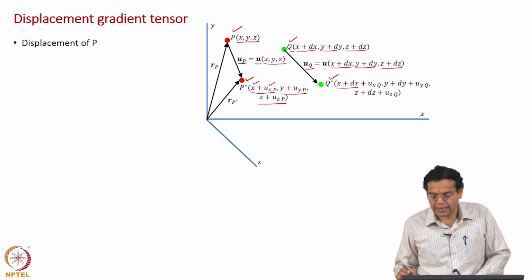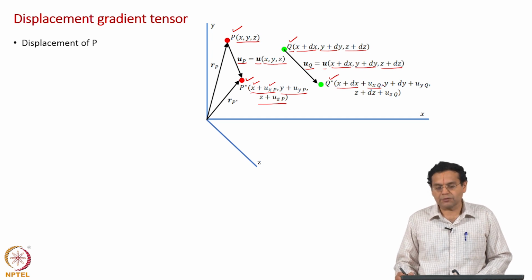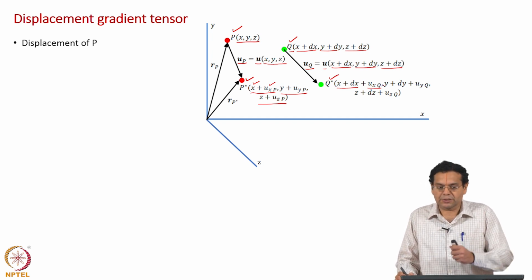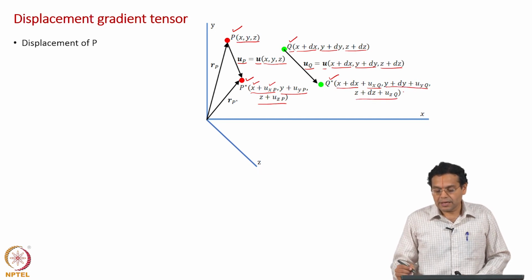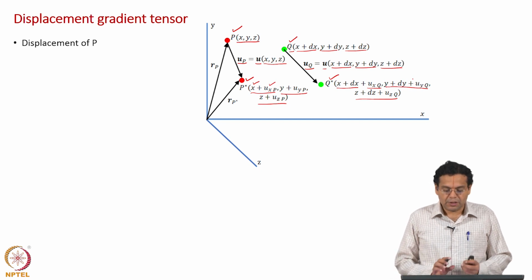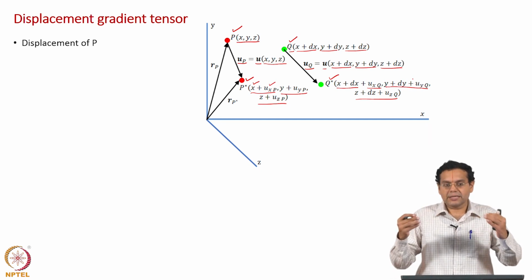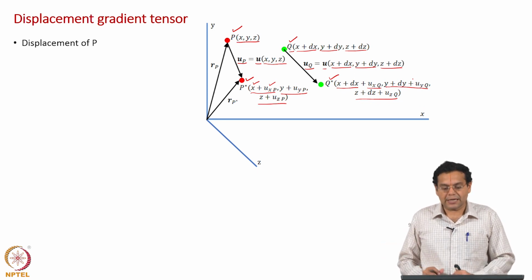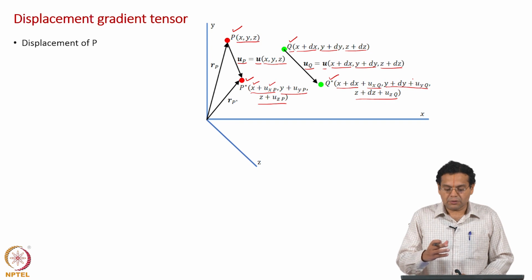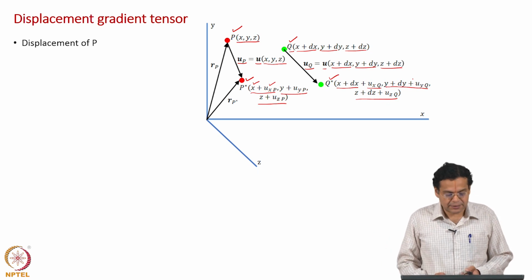The old coordinate x plus dx plus the displacement along the x direction for point Q, which is u x q. Similarly you will get the coordinates in the y direction and the z direction. So, we have P Q in the initial state, it gets displaced to P star Q star, and we have noted the displacement in terms of u at x, y, z and u at x plus dx, y plus dy and z plus dz.